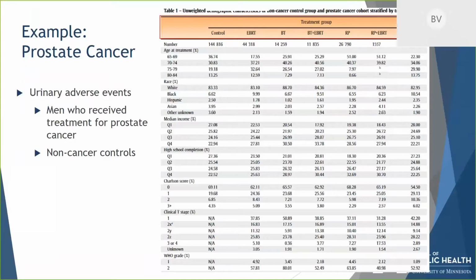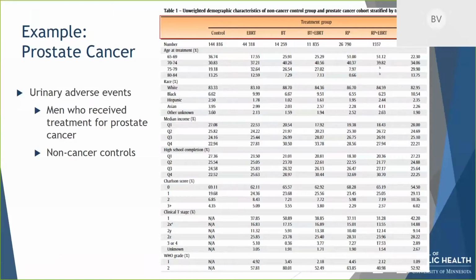Throughout this presentation, we're going to be talking about an example from my past. We were looking at prostate cancer treatments. I thought it was a good example because in this particular paper, we were looking at pretty much the gamut of local treatments for prostate cancer.